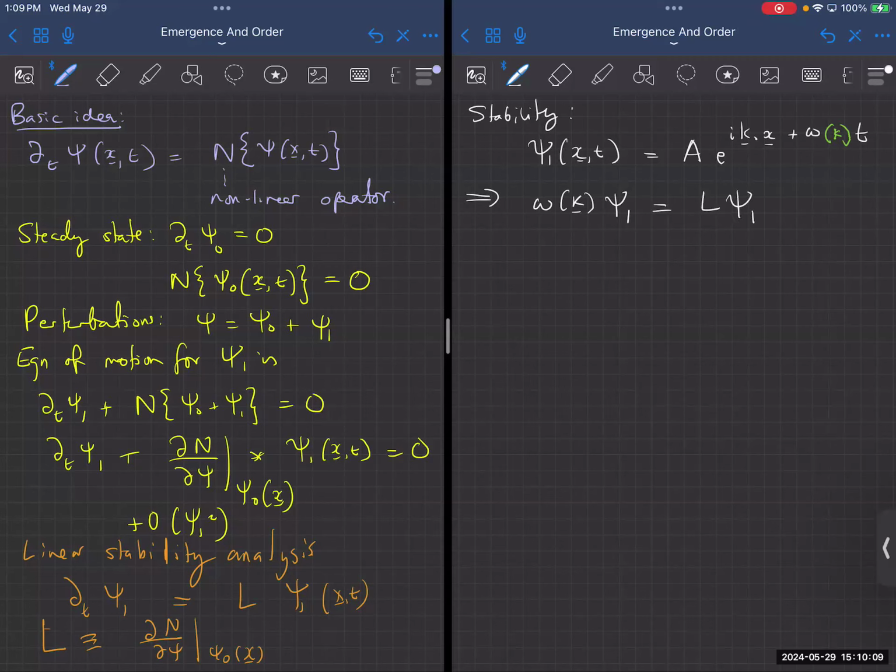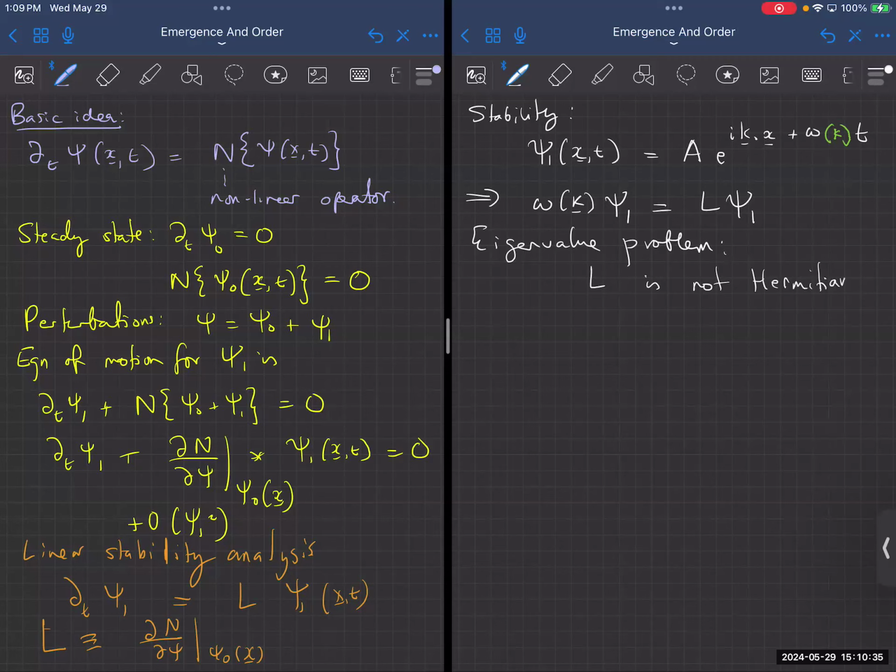L is a differential operator, possibly spatially dependent. And so what we have is an eigenvalue problem, just like the ones that you solve in quantum mechanics. But the problem is that L is not necessarily Hermitian.